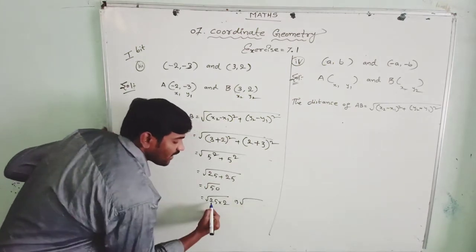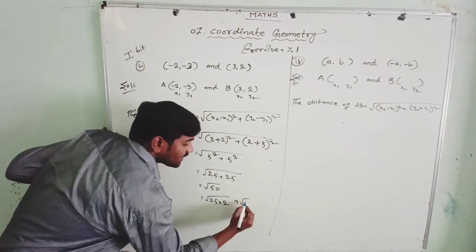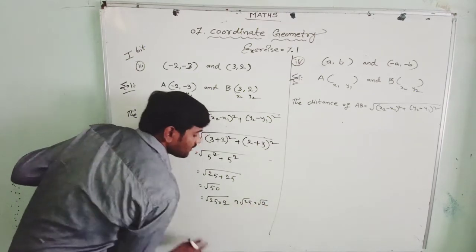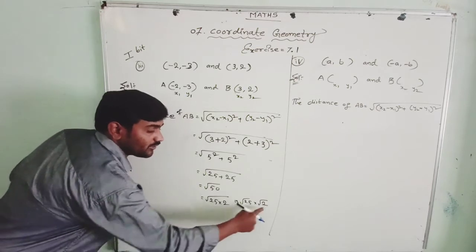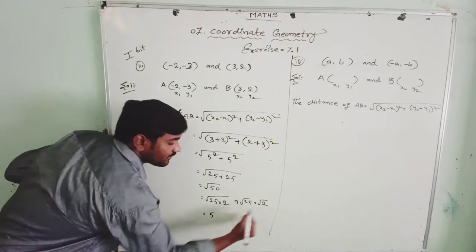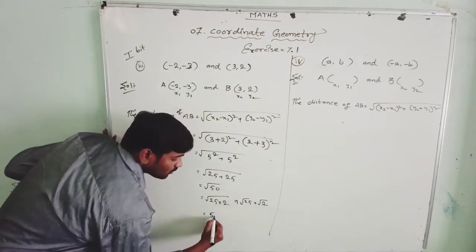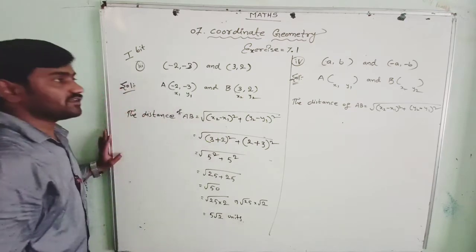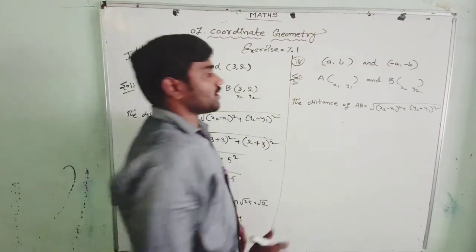It is in the form of under root of AB. Let us write root A into root B. This root 25 value is 5. This into root 2, 5 root 2 units. Finished.